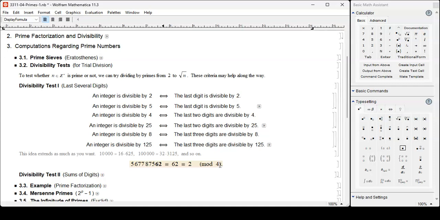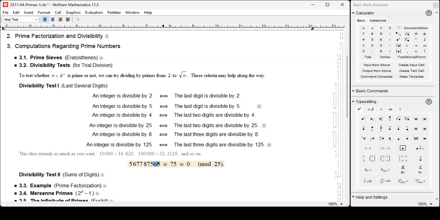Are you familiar with this method? And then the same thing goes for divisibility by 25. 78 is not divisible by 25. So, for example, if this had been, say, 75, then we have 75, and that's congruent to 0 mod 25. So it's divisible by 25.